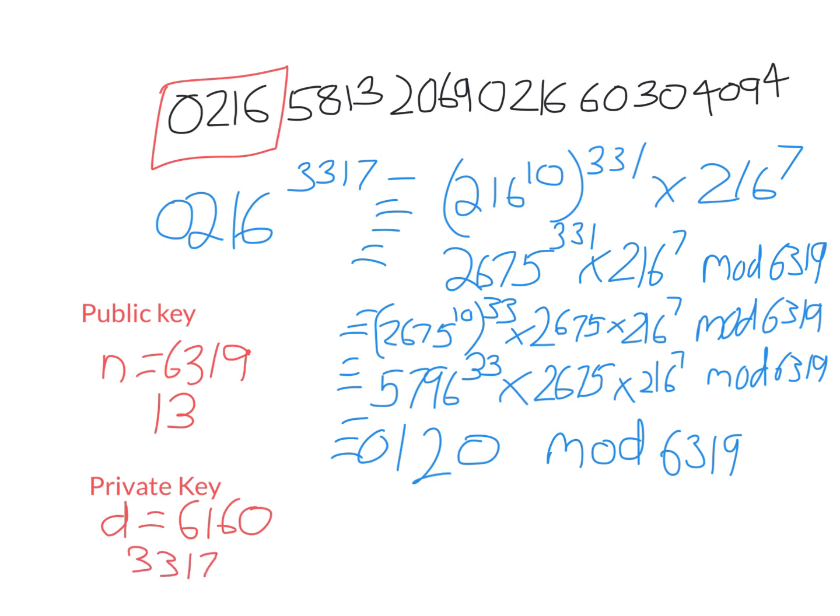We could not take our ciphertext 216 and get back the original numbers, 01, which corresponds to A, and 20, which corresponds to T. We couldn't do that without knowing d, 6160. We can't know the inverse of 13 modulo some k if we don't know what the value of k is.